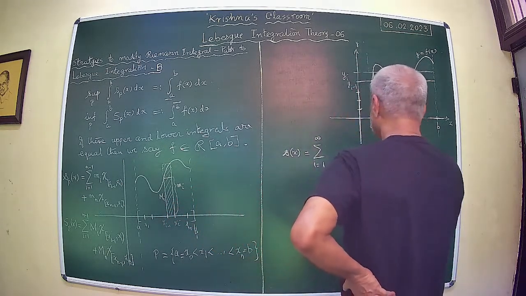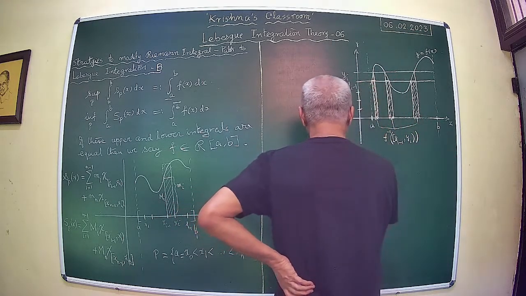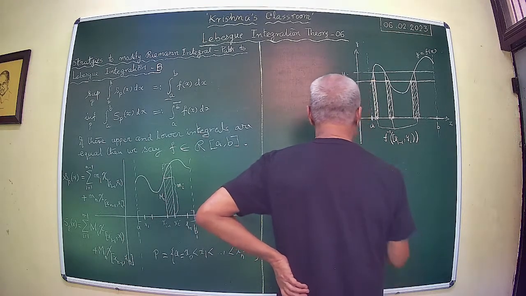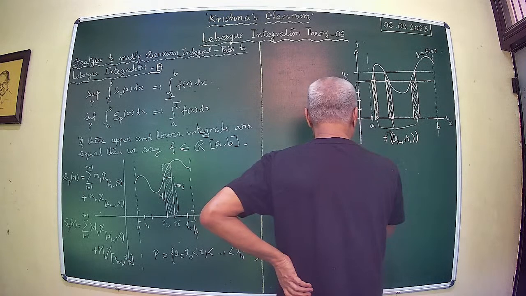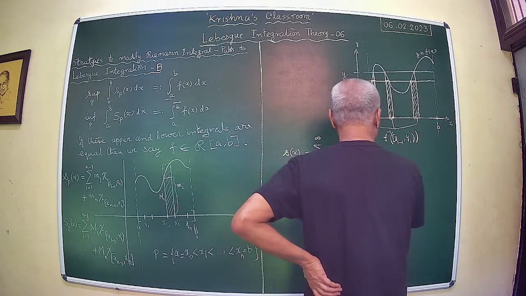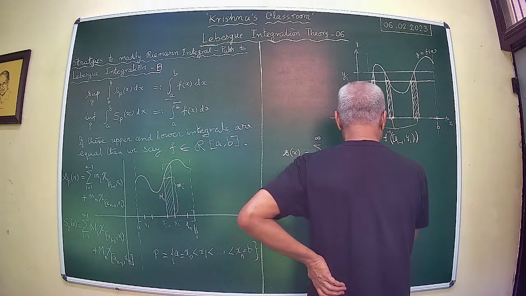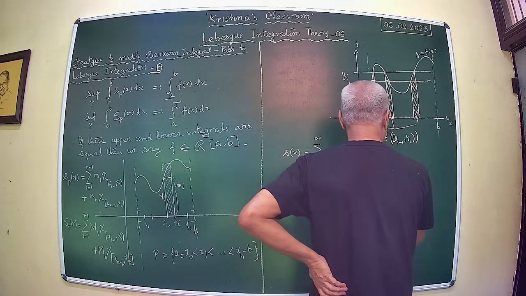The value of the function is y_{i-1}, the lower value, multiplied by the characteristic function of f inverse of (y_{i-1}, y_i).